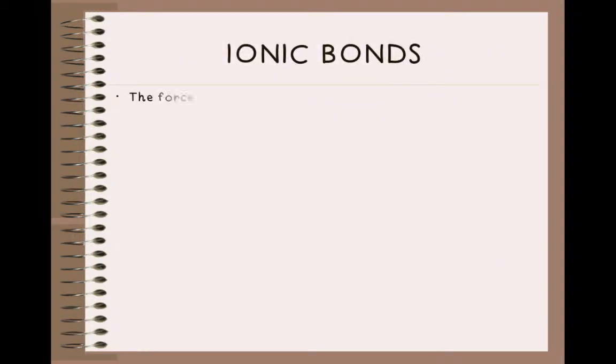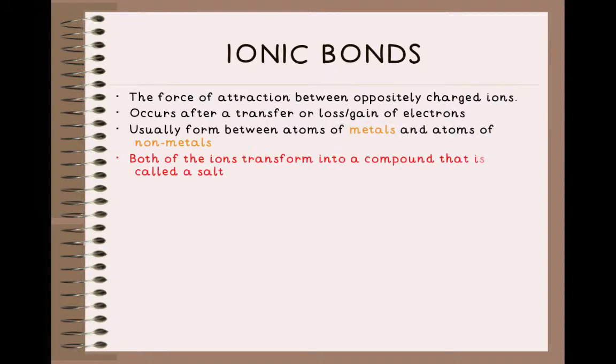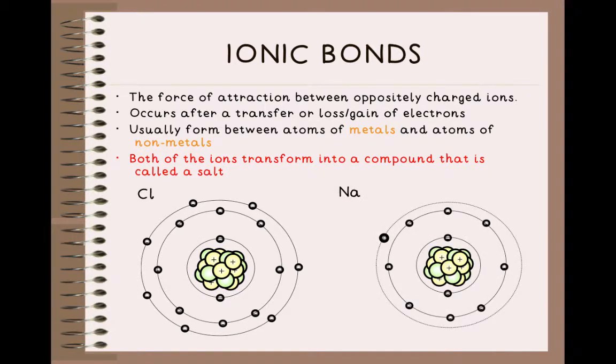Here is the moment where an ionic bond happens. This is a force of attraction between oppositely charged ions, and it occurs after gaining or losing electrons between metals and non-metals. Notice how we have chlorine and we have sodium. Sodium is going to give the one electron that it has. It's going to move on to chlorine, which is going to gain an electron.